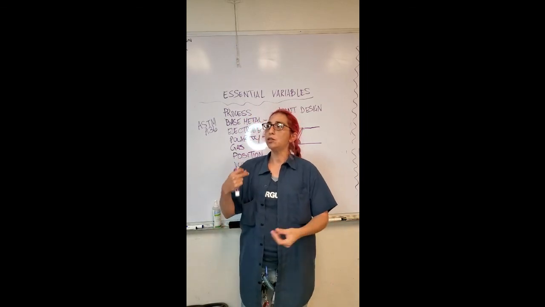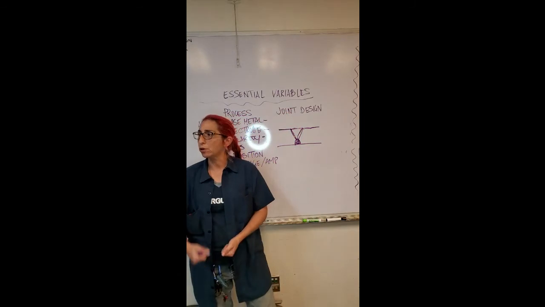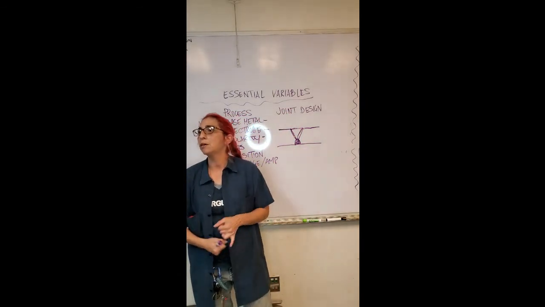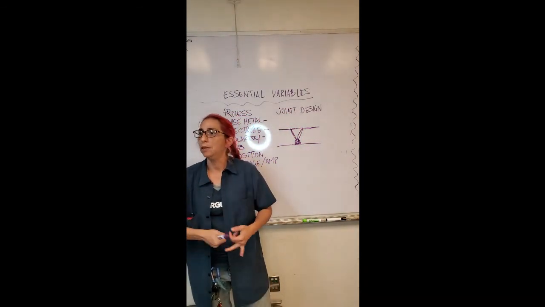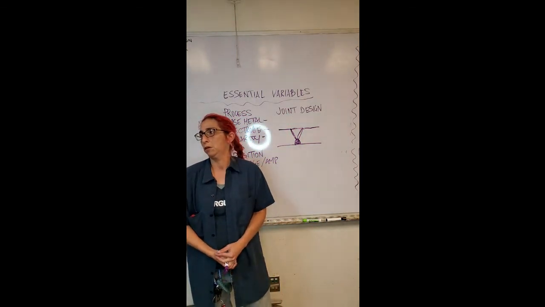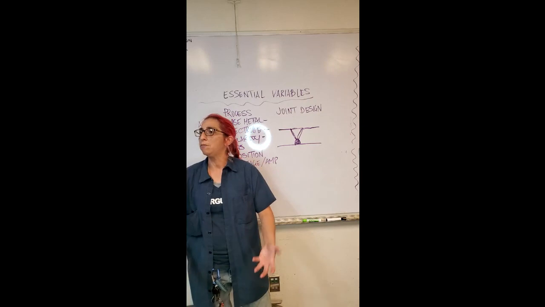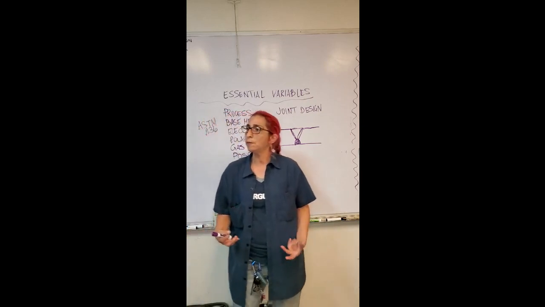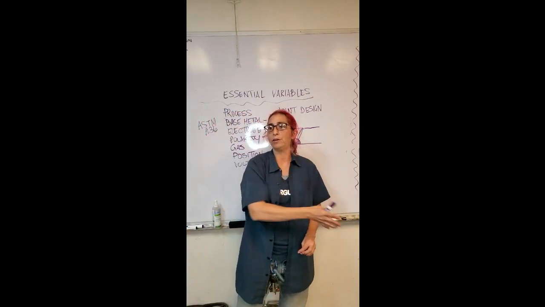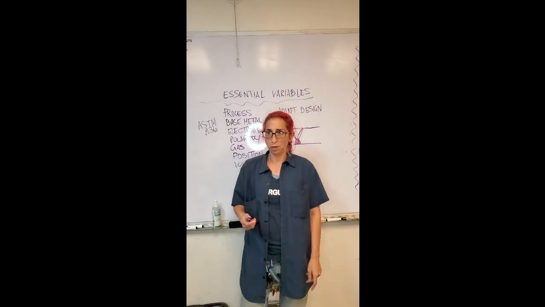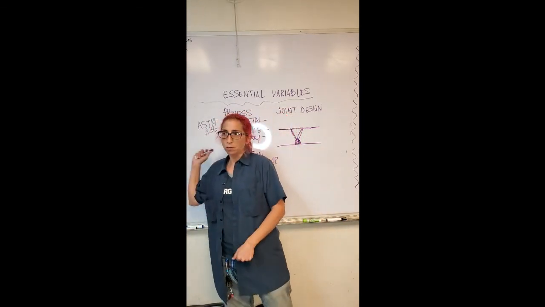Most of the issues that we have with GMAW short circuit is incomplete fusion, lack of fusion, those types of things. So we know that we may have a fusion issue if we choose that transfer mode. Make sense? Yes? All right, any more questions on this?